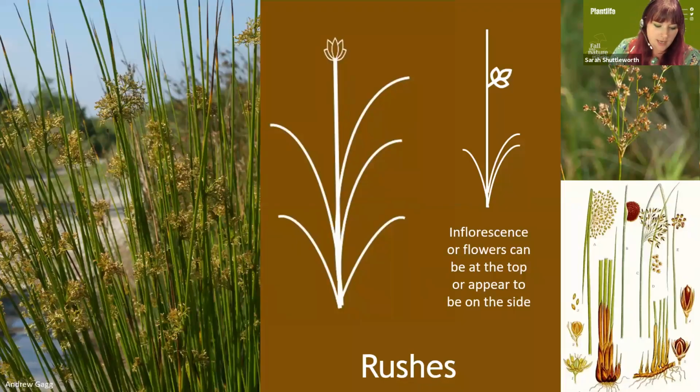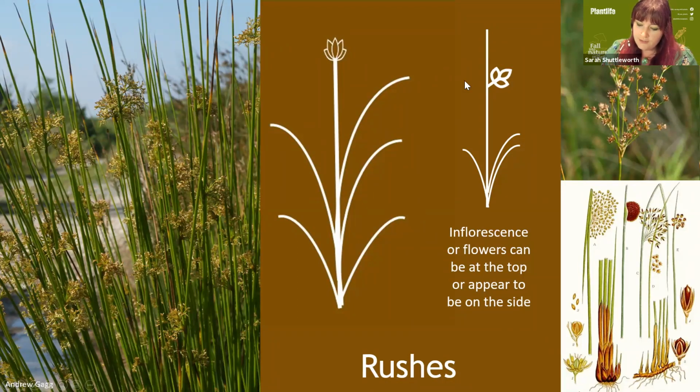So then if we go into rushes, looking at it as a general rule, again, flowers can either be at the top of the stem or apparently coming off at the side of the stem, which is actually an illusion because this top part that carries on going isn't the stem itself, but actually a bract or a leaf or sort of stem-like structure that carries on.